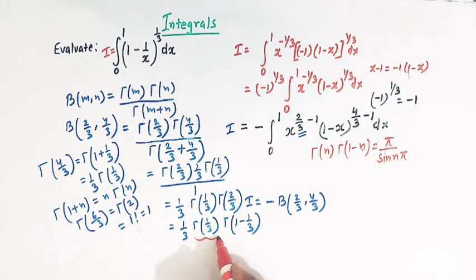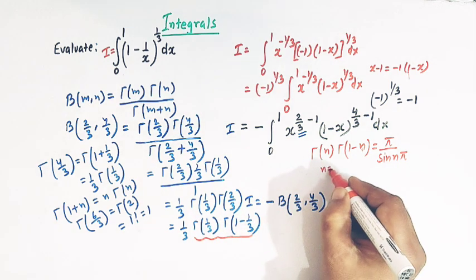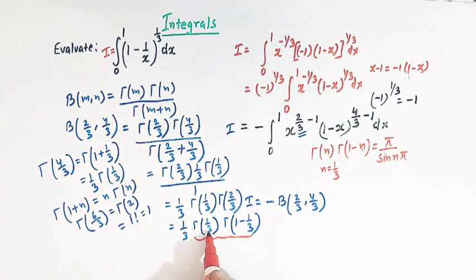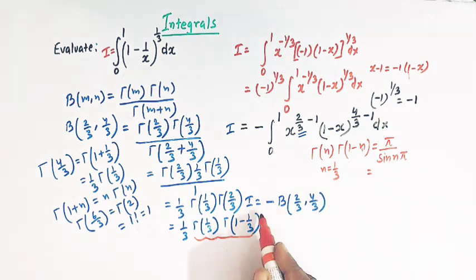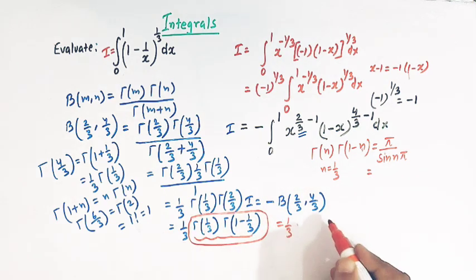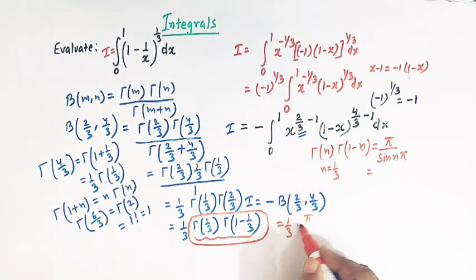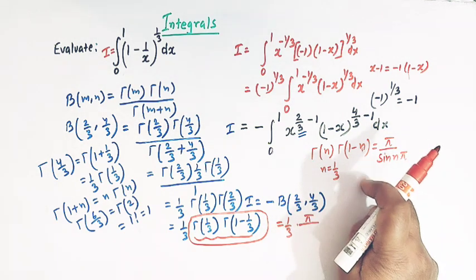So now see, here we have gamma of 1 over 3, gamma of 1 minus 1 over 3. So the value of n is 1 over 3, right? So this is gamma n times gamma of 1 minus n, right? n is 1 over 3. So the value of this expression can now be written as pi over sine n pi, right?